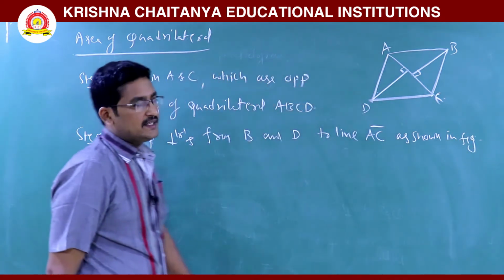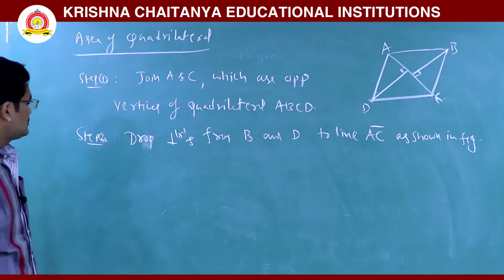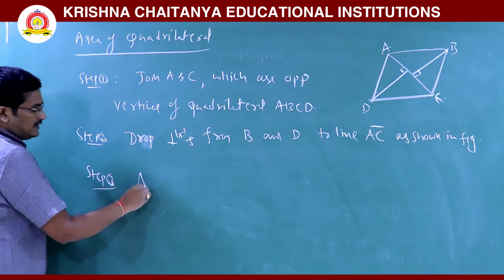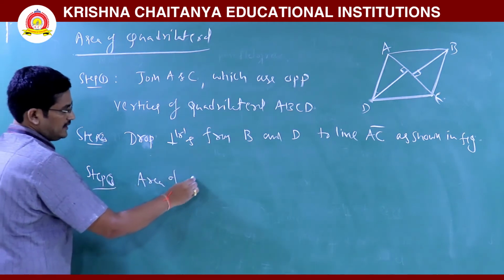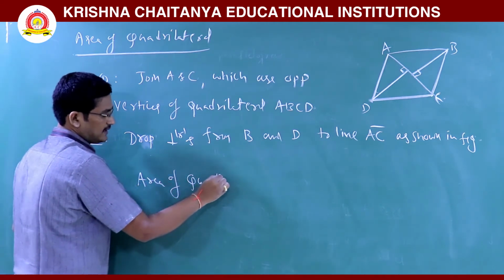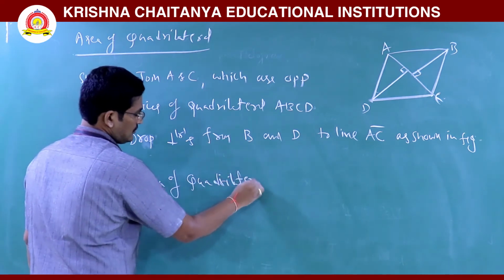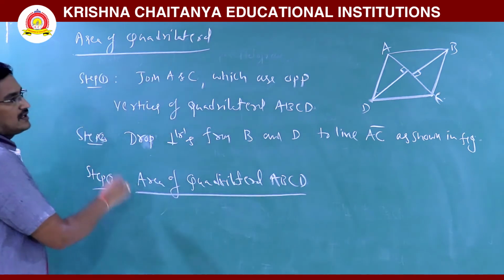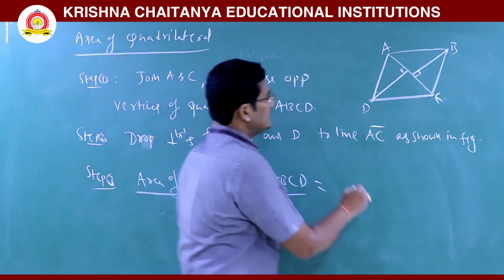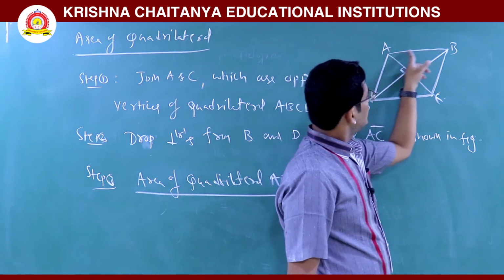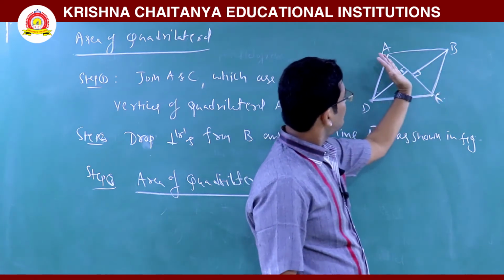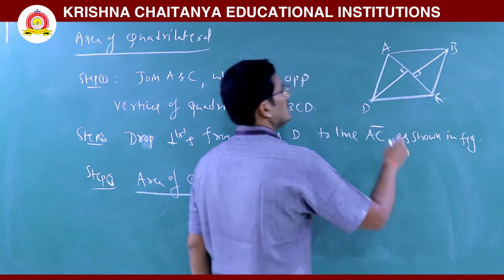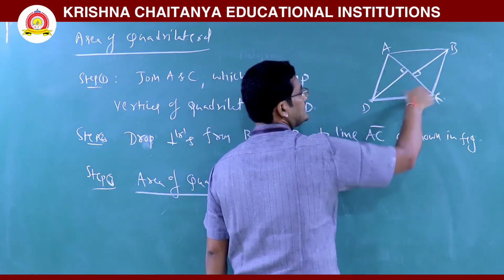Now what do we need here? The area of the quadrilateral. So what is step 3? The area of quadrilateral ABCD is equal to the area of triangle ABC plus the area of triangle ACD.